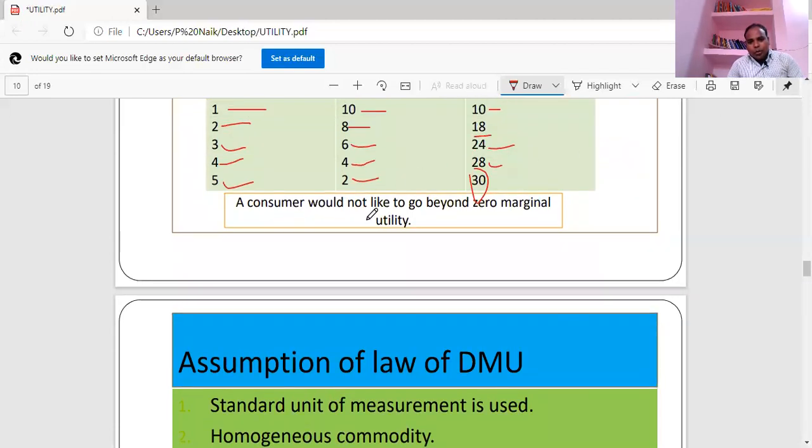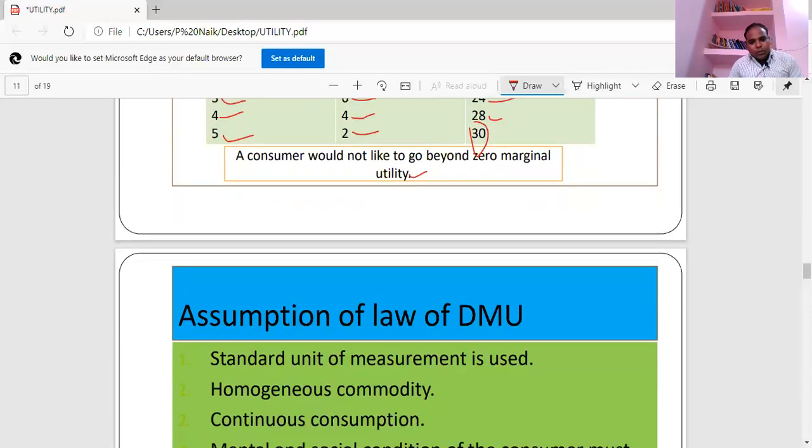A consumer would not like to go beyond zero marginal utility, and this law of diminishing marginal utility was stated by Alfred Marshall.